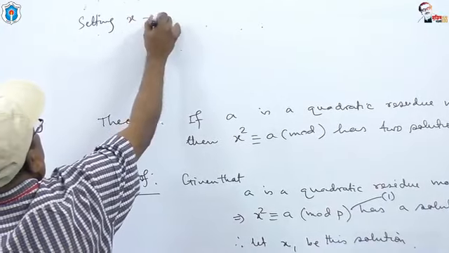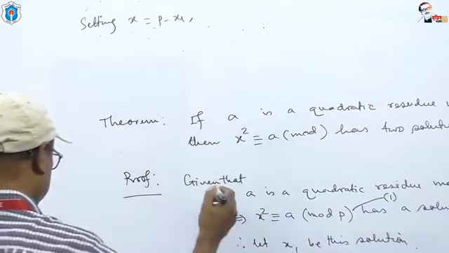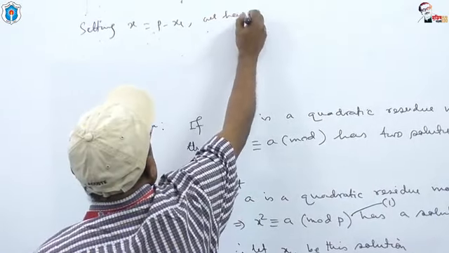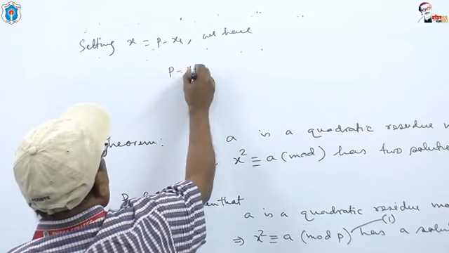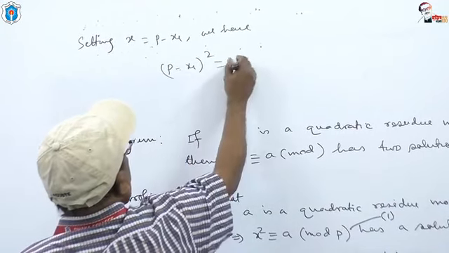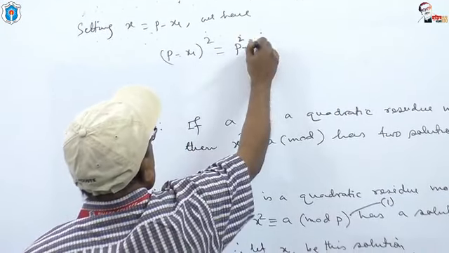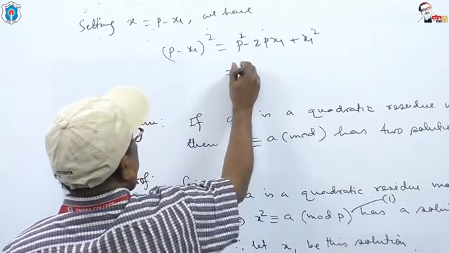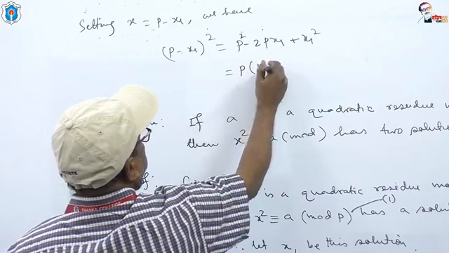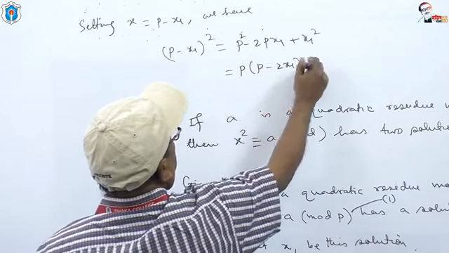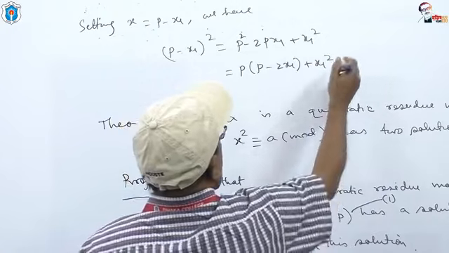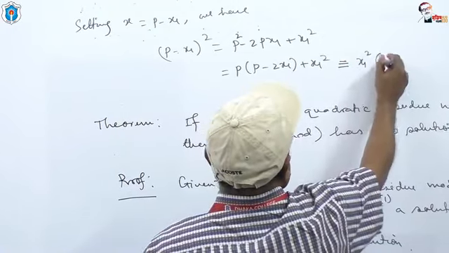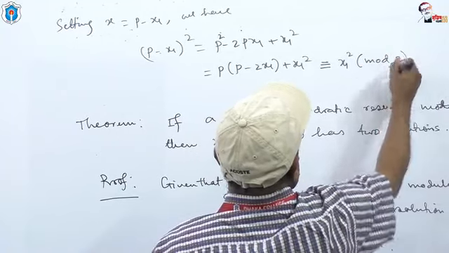Setting x equal to p minus x1, we have (p minus x1) whole square equal to p square minus 2p x1 plus x1 square. We take common p, then it becomes p(p minus 2x1) plus x1 square, which is congruent to x1 square mod p.